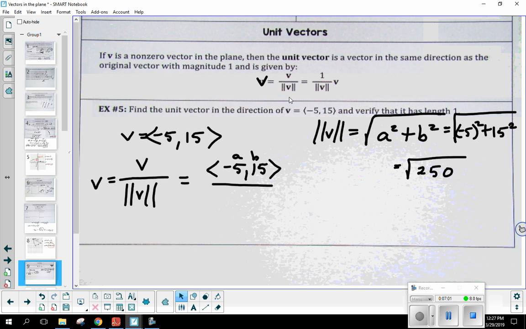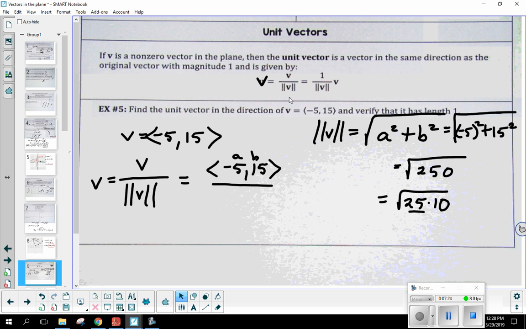Now, this is one of those times where we want to leave it as a radical, but simplify it if possible. This one will break down. Can anybody tell me what's the largest perfect square that will divide 250? It is 25. In fact, 25 times what? 25 times 10. So see, I can take the square root of 25, but if I take the square root of 10, I'm going to get a decimal.